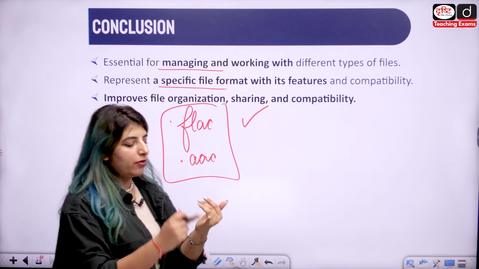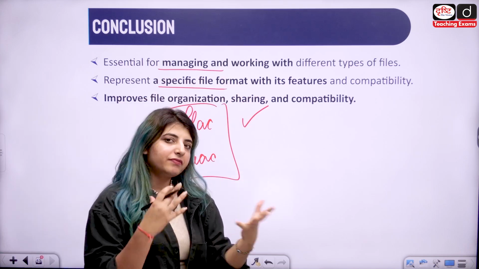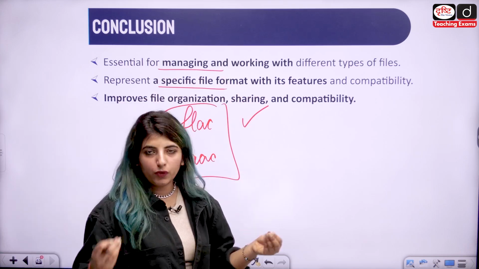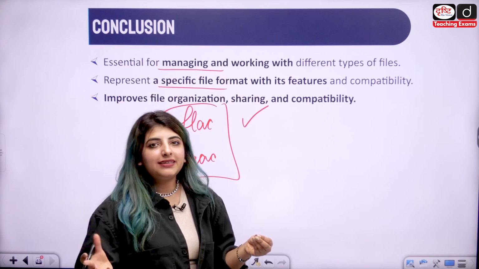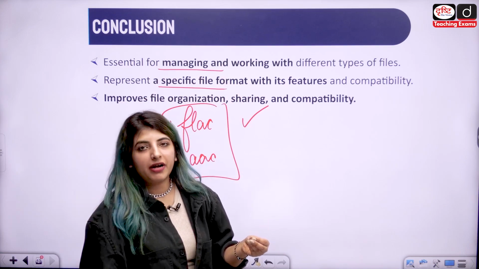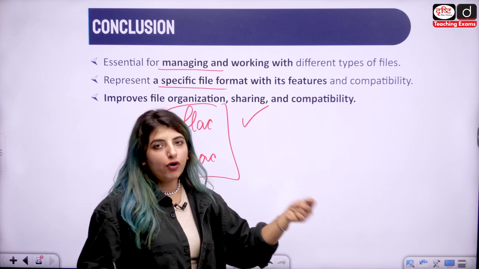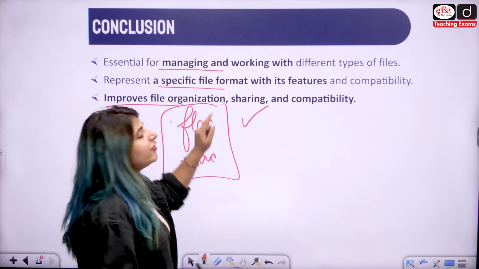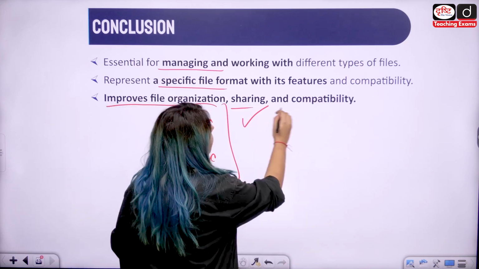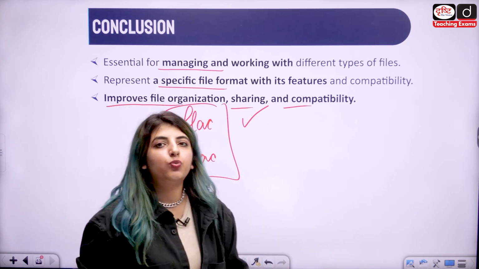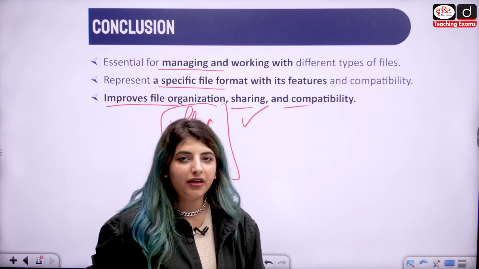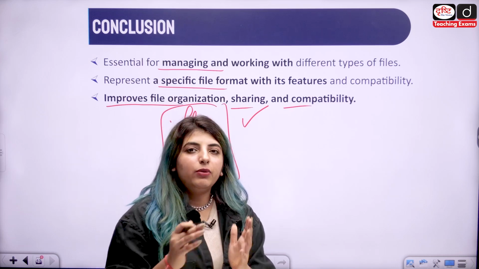Because each and every file format, kyunki humne MP3 kara, if I'm comparing it with MP4, it means that MP3 stands for the audio file format. I need to know these basics. MP4 stands for video formatting and all. Improves file organization, sharing and compatibility. To see which one device, jaise WMV humne kara abhi, we will know if I will be downloading.